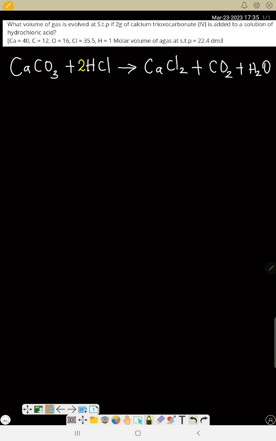Chlorine is balanced. How many carbon? One and one. Balance hydrogen before oxygen. Hydrogen: two and two, balanced. How many oxygen here? Two plus one, three. And here? Three. So everything is balanced. If you start with the highest atom, you will get the balancing easily. I've done a video on balancing chemical equations, go and watch, you will understand better.